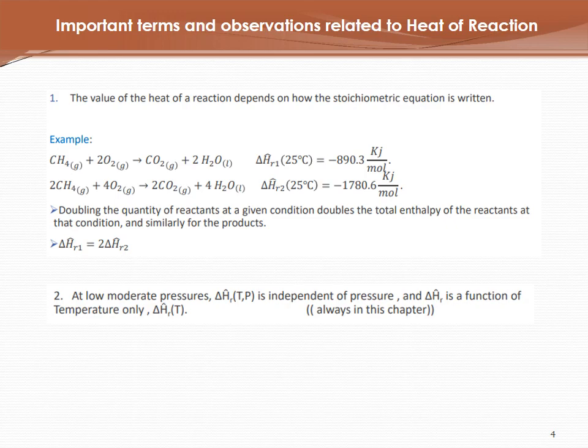The second observation is that at low and moderate pressures, the heat of reaction becomes independent of pressure, and at very low pressures, heat of reaction becomes a function of temperature only.